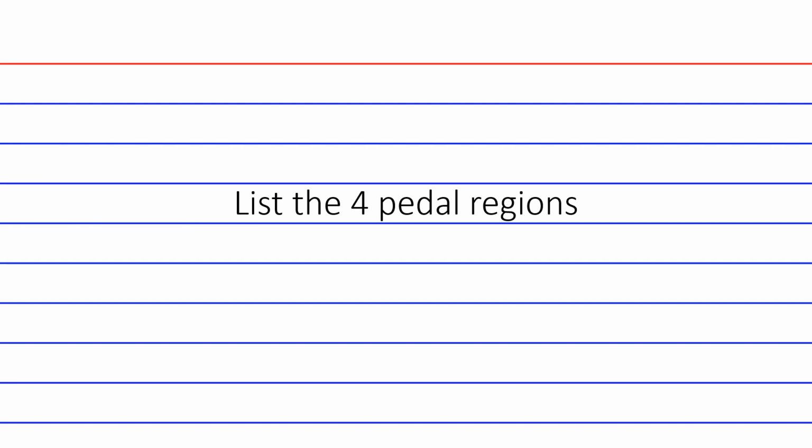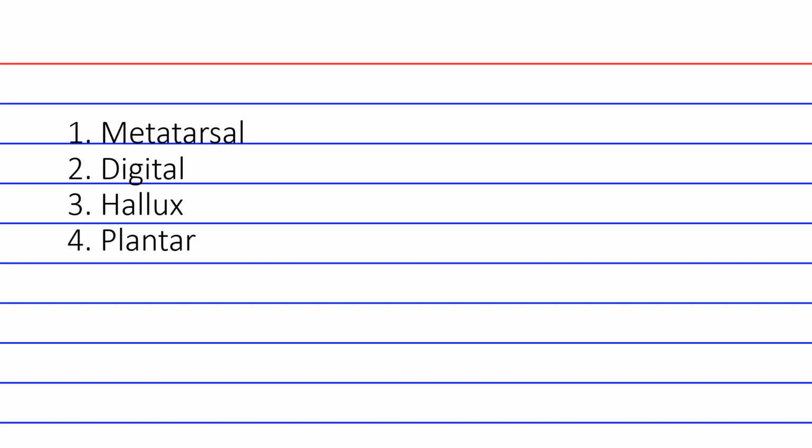List the 4 pedal regions. The answer is the metatarsal, the digital, the hallux, and the plantar regions. Alright, so that is everything for surface anatomy. I realize it is a lot to memorize, but hopefully this helps you out.